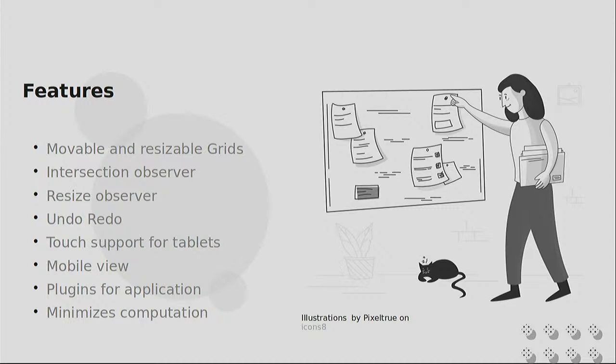It's kind of like a sliding window, so only what the user is trying to see, it will render those items. It has a built-in resize observer, so if the user resizes the window, it will scale automatically. It has a built-in undo redo function.